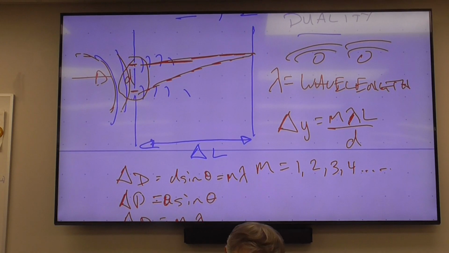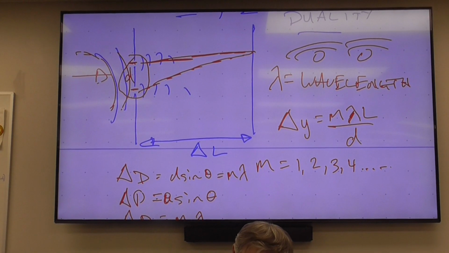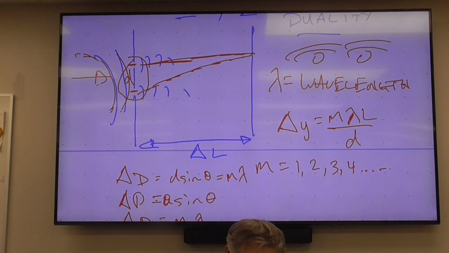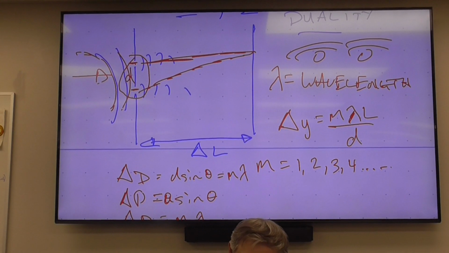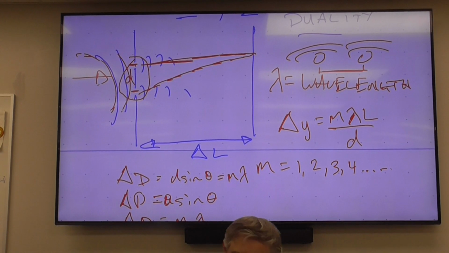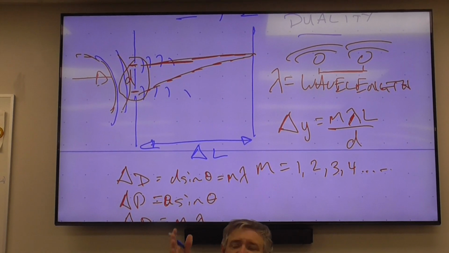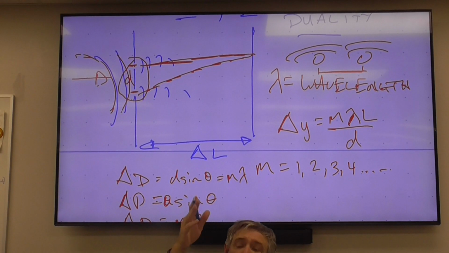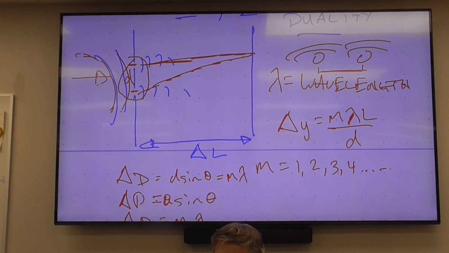But no matter what, that value of D, which your book calls little a, why, I don't know, but we'll talk about that later, is the distance between the point sources of either the sound or the electromagnetic radiation.